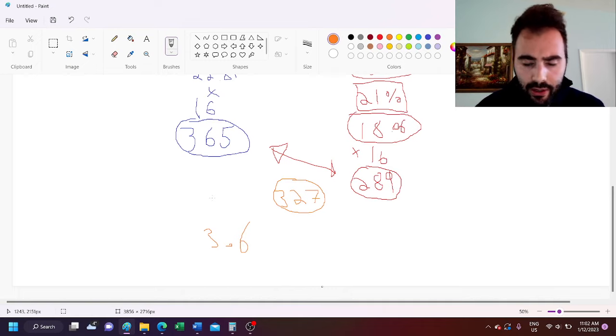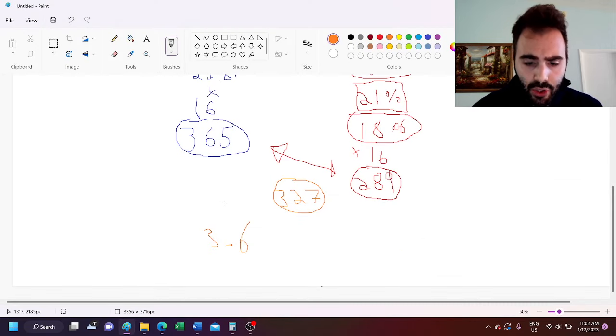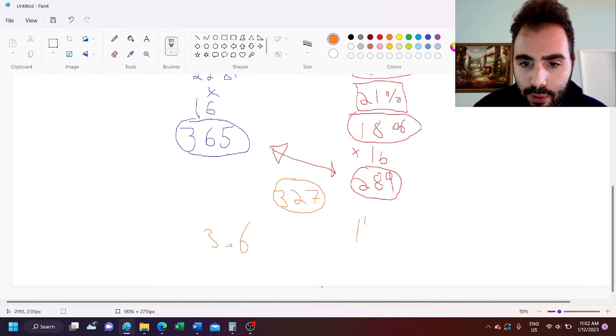I have my phone because I have the rate of return calculator on it, and I will give you the numbers. If Google is currently at 91, and in 10 years' time it'll be trading at 327, that gives us an annualized rate of return of about 14% per year.